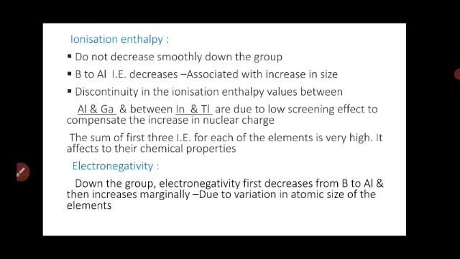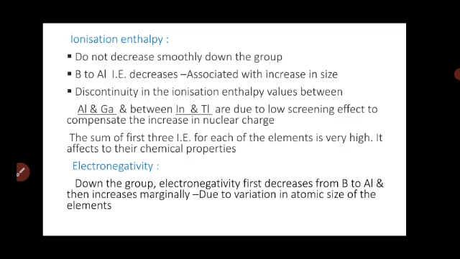Okay. Now, one more thing we can see is the sum of first three ionization enthalpies. First three ionization enthalpies means removing the outermost electrons. We have seen that for group number 13, how many electrons are there in the valence shell? Yes, ns2 np1, means total 3 electrons are there. To remove these 3 electrons and to get the noble gas electronic configuration, it requires more energy.